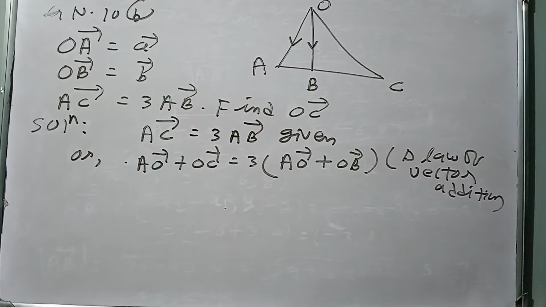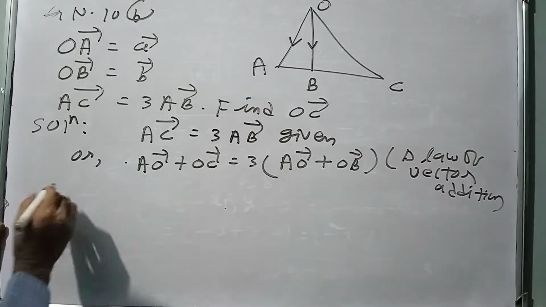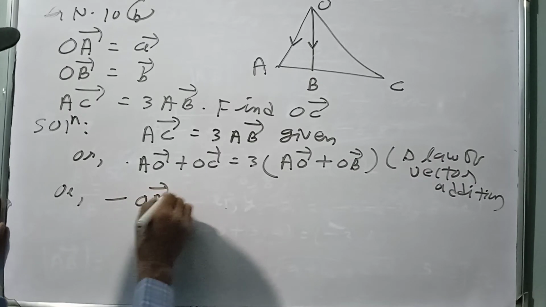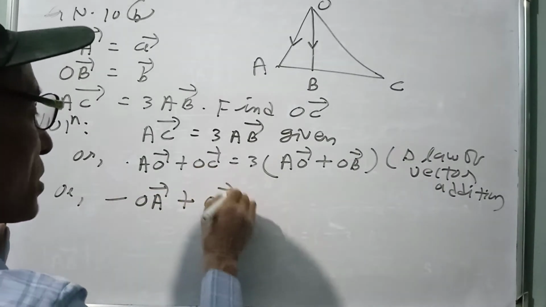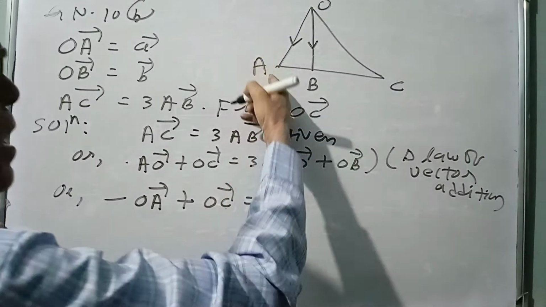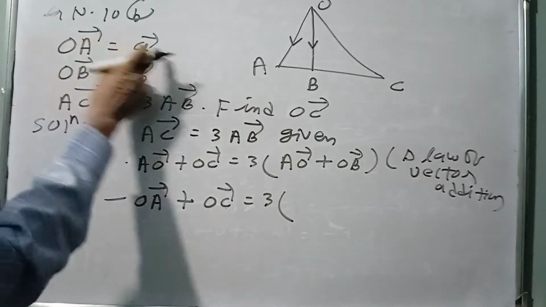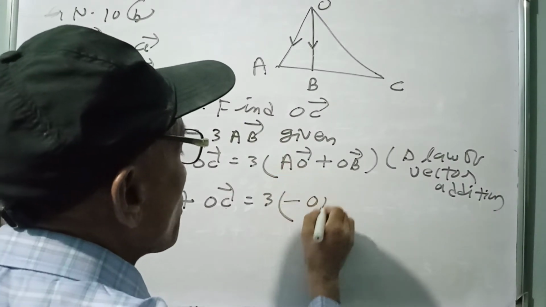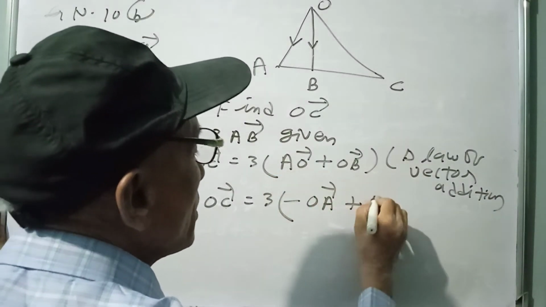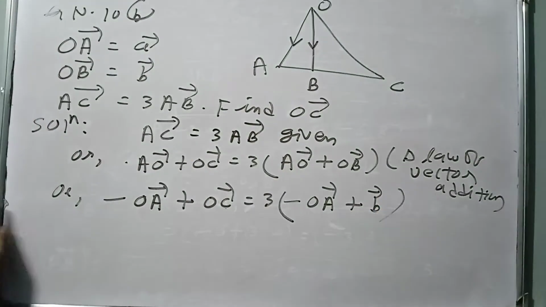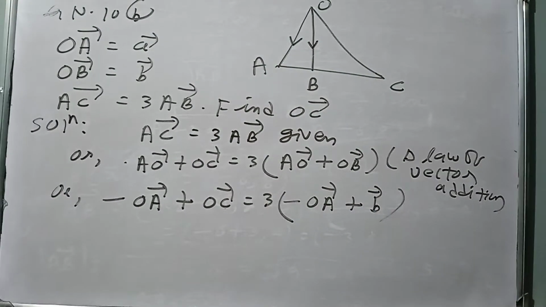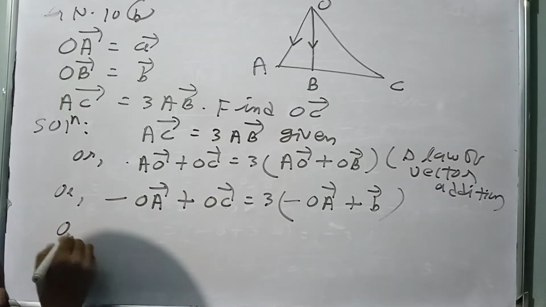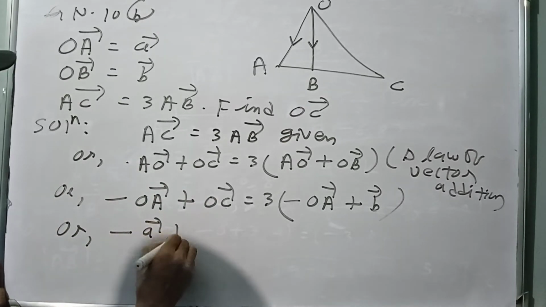AO can be written as minus OA. The value of AO is not given, but the value of OA is given. So AO is minus OA, plus OB, which is B. AO and OA are equal and opposite. So AO is minus A, plus OC.